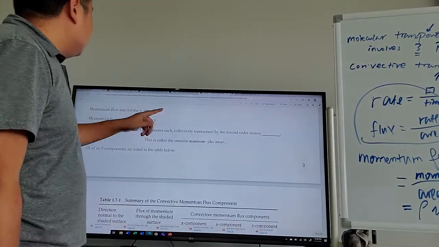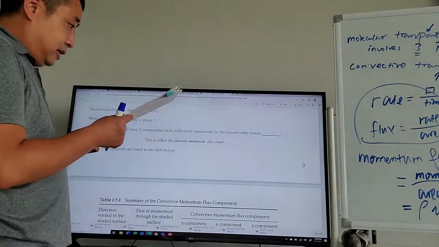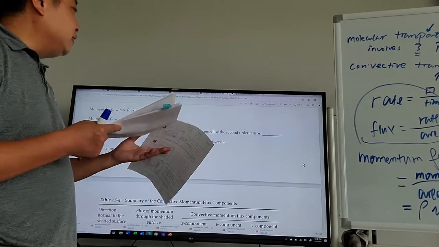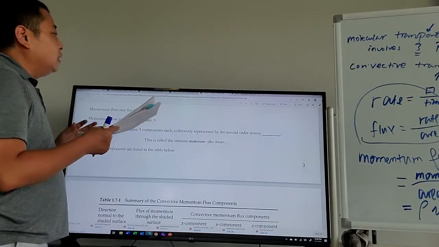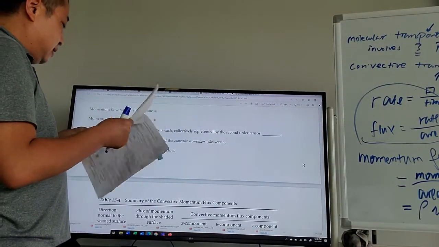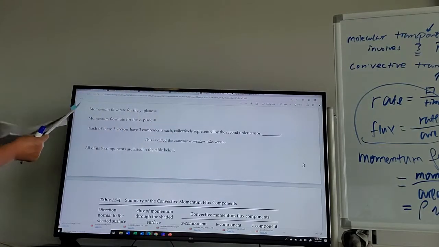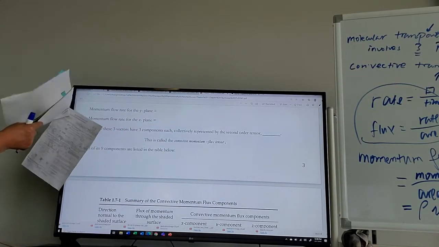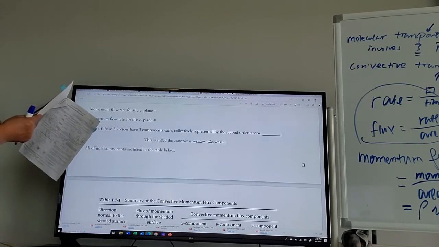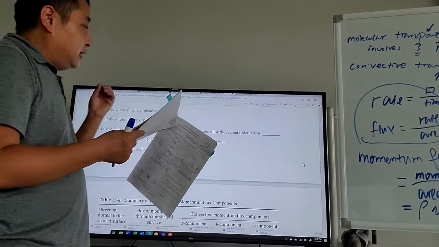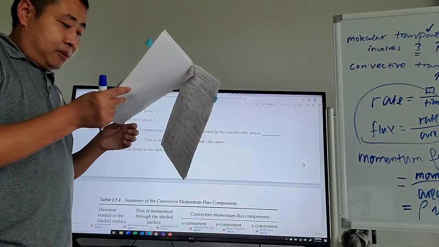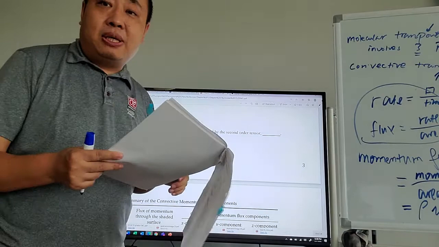So this is a second order tensor. Remember we are talking about convective momentum transport.